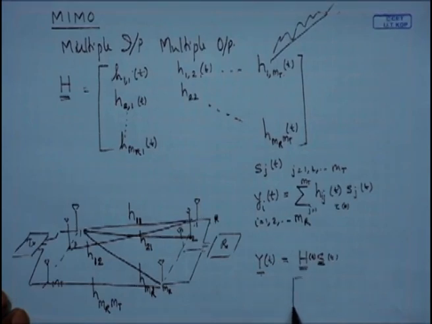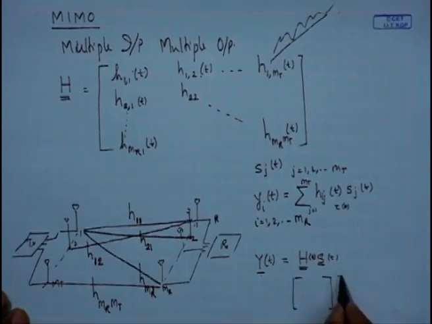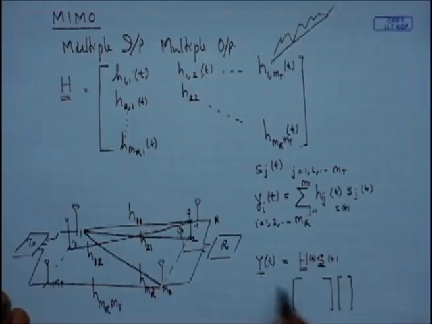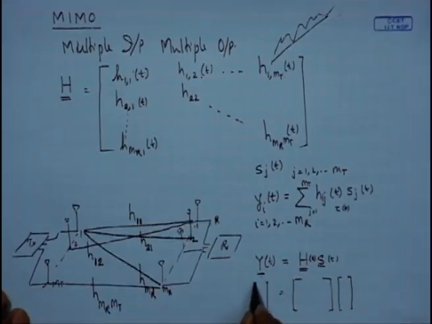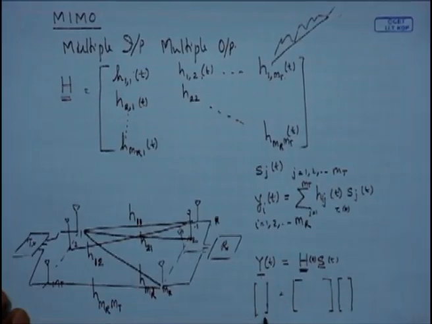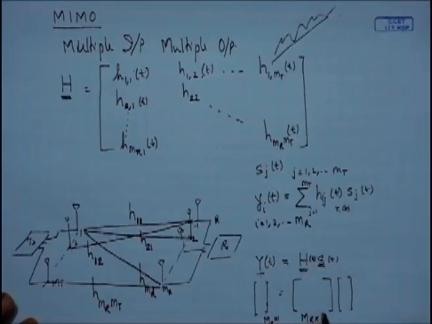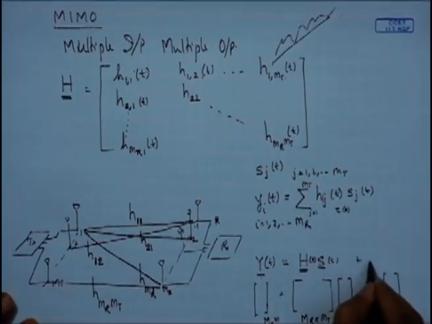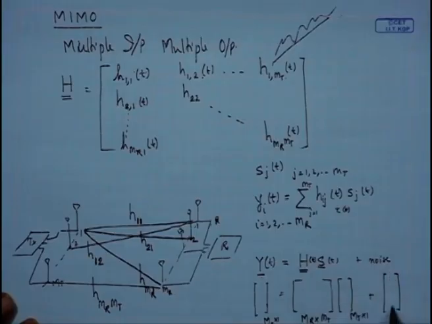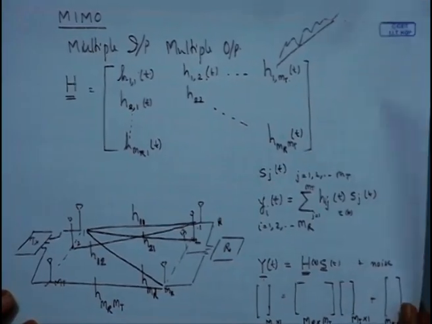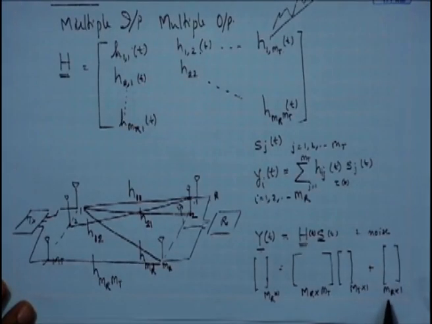The size of y is MR cross 1, the size of H is MR cross MT, the size of s is MT cross 1, and of course there is noise, and noise is naturally MR cross 1 because there are MR number of received links.